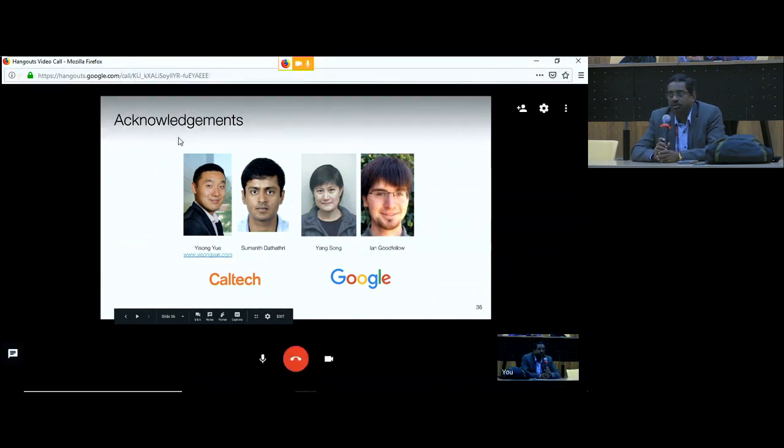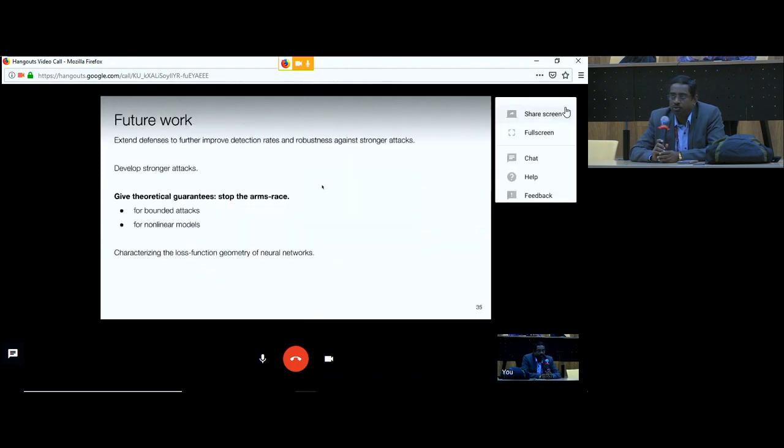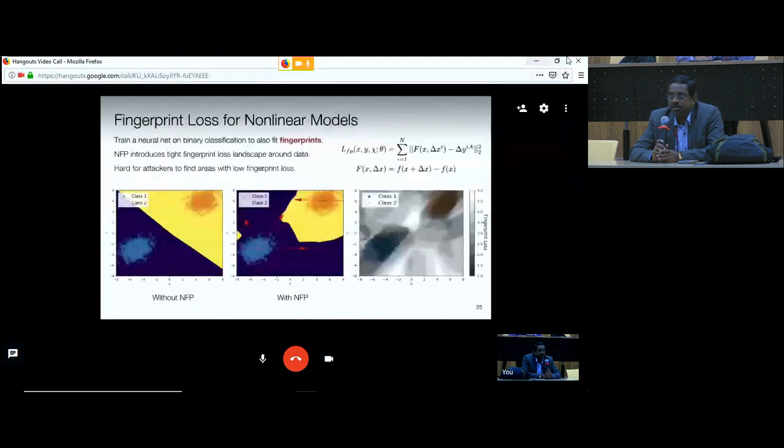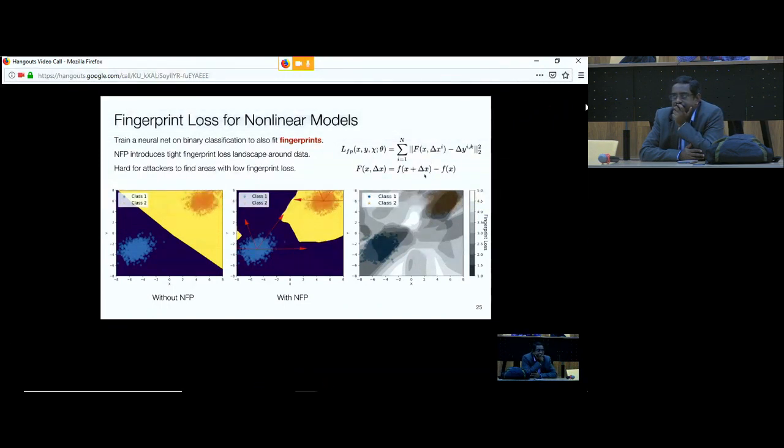But if you can go to your slide on loss function, is there any scope for doing this, of checking this part? Yeah, for instance, here the fingerprint, let's say you have a new image X, and then I can apply my delta x's to it, and I can look at the change in the response of the neural network.